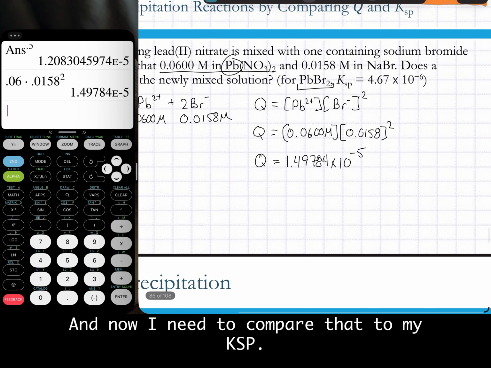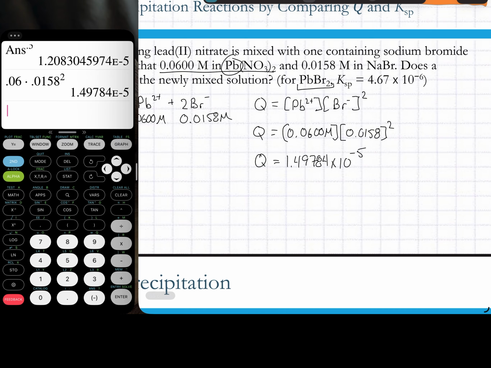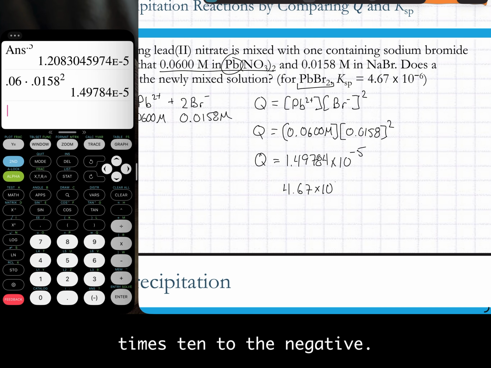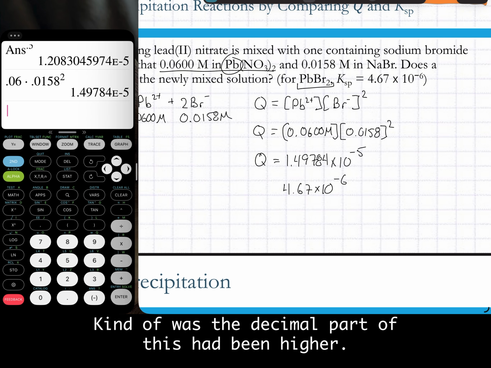And now I need to compare that to my KSP. So that's 4.67 times 10 to the negative 10 to the negative 6. Kind of wish the decimal part of this had been higher, but that's okay.